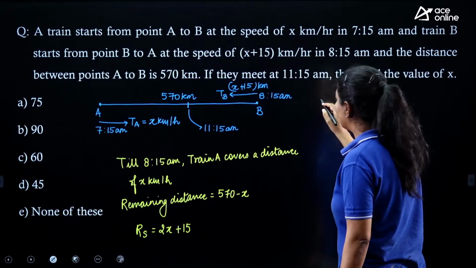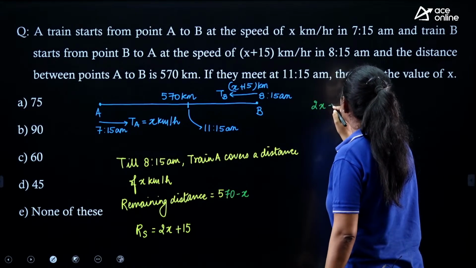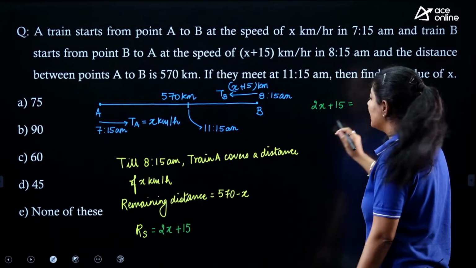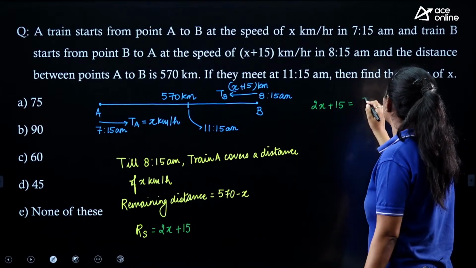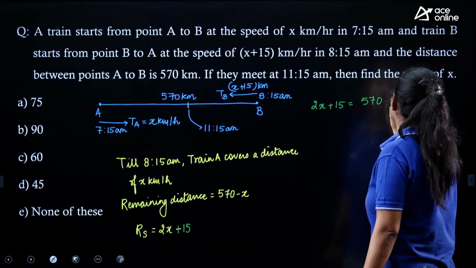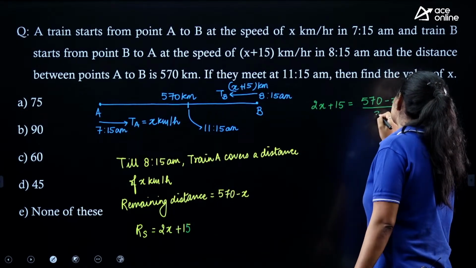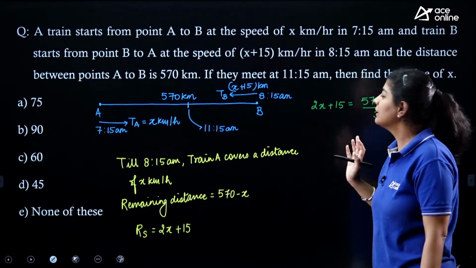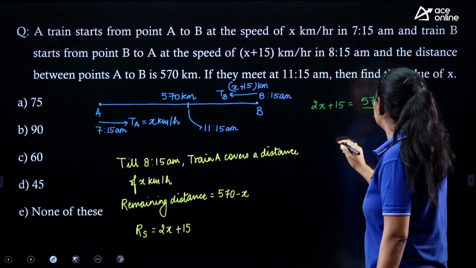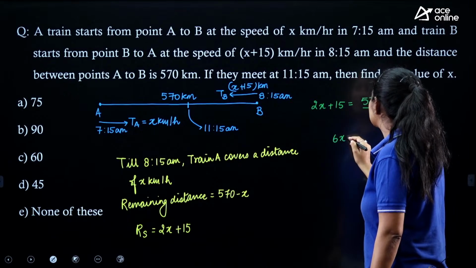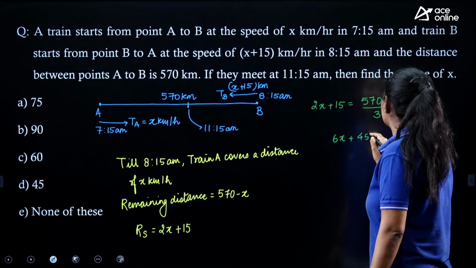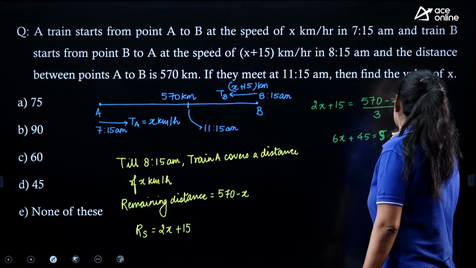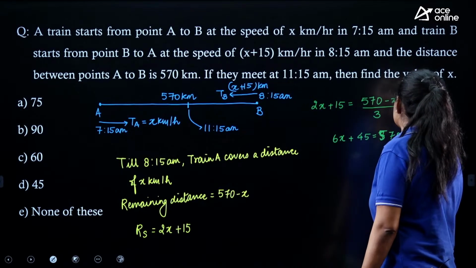So we can say that this 2x plus 15, multiplied by 3, is equal to the remaining distance that they need to cover in a time period of 3 hours. Now we simply need to solve this equation. So here we are getting 6x plus 45 equals 570 minus x, right?